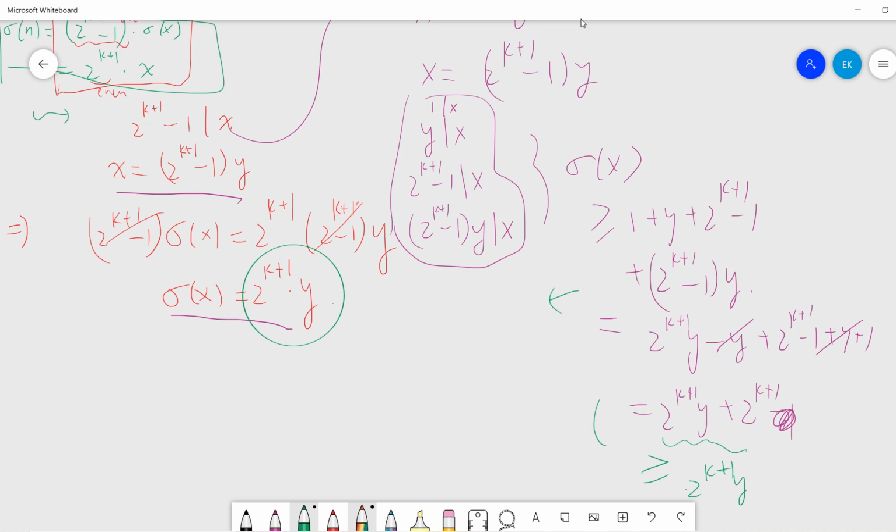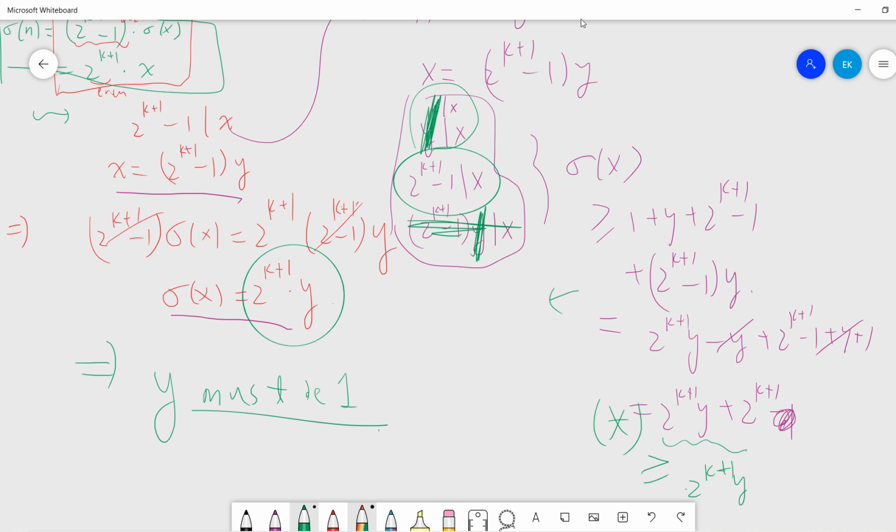So there's a contradiction, which tells you that y must be 1. Suppose y is 1, then x is 2 to the k plus 1 minus 1, so we only have 1 and x as divisors, which tells you that 2 to the k plus 1 minus 1 must be prime.